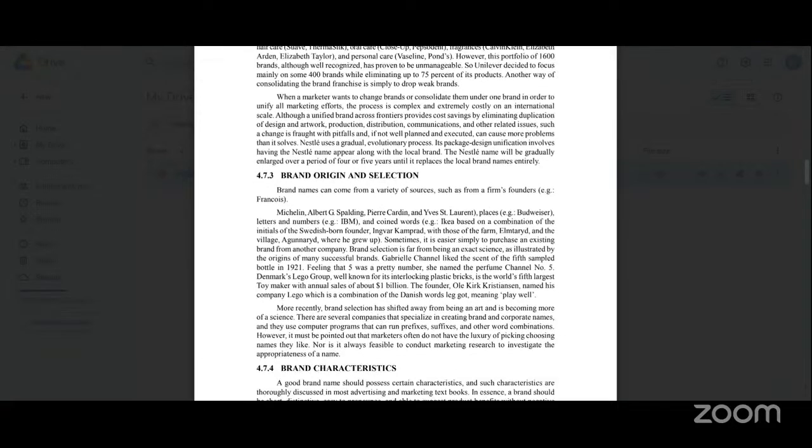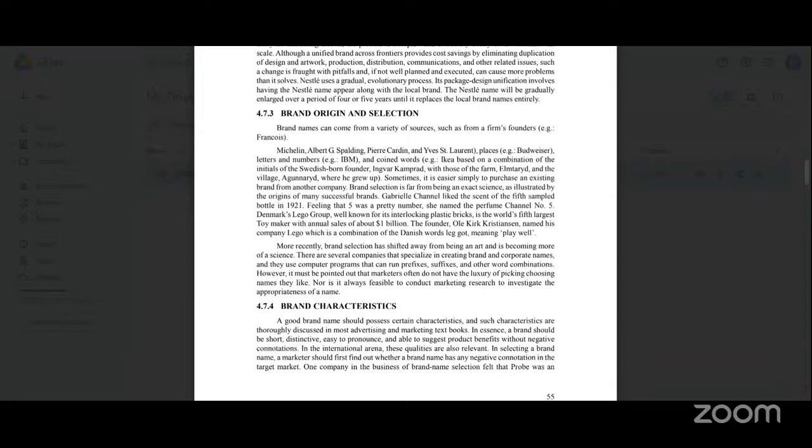So, if you look in terms of brand origin and selection, there can be a number of sources that may be applicable. The first and foremost is in terms of the firm's founders as well. So, founders like Michelin, Albert G. Spalding, Pierre Cardin, and Yves Saint Laurent. If you see in terms of letters and numbers, for example, IBM, they coined words.